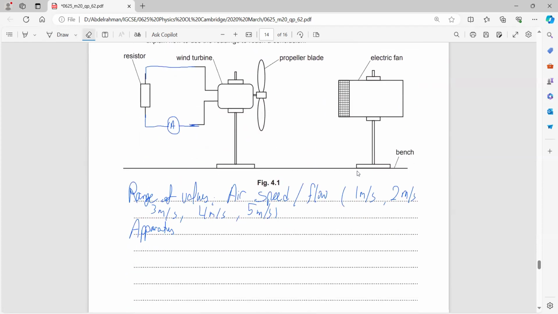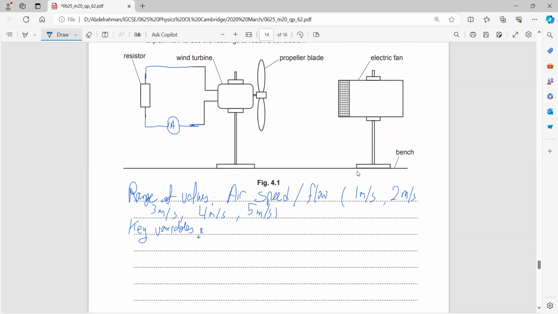I can write down the key variables first, and then I can write down the apparatuses. First of all, the key variables, or the variables that I will keep constant in this question. What are my key variables? Can anyone suggest some key variables I can use in this question?